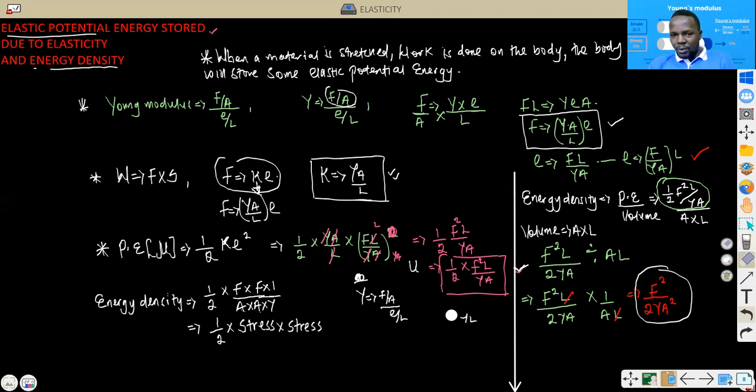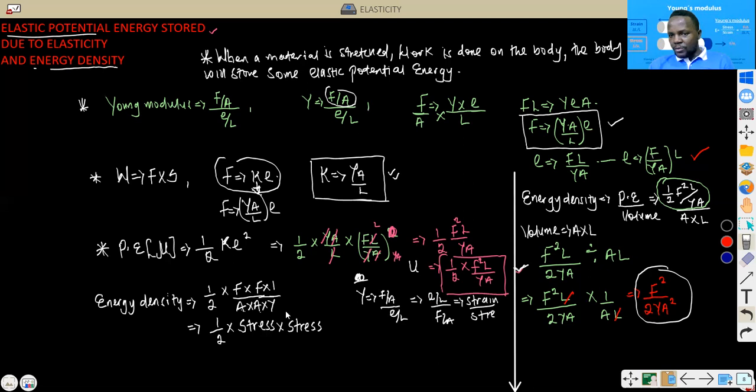Now, 1 over gamma will now be equal to E over L over F over A. What is E over L? Yes, students, strain. What is F over A? Stress.